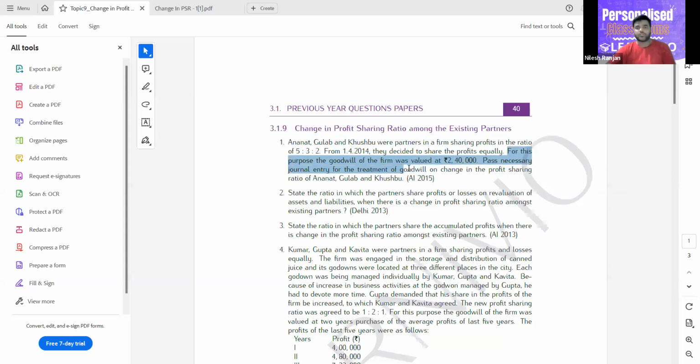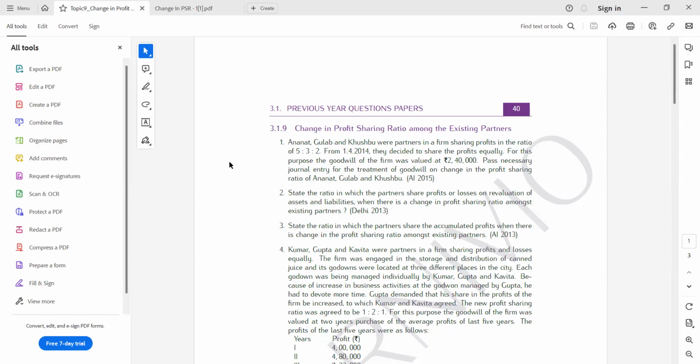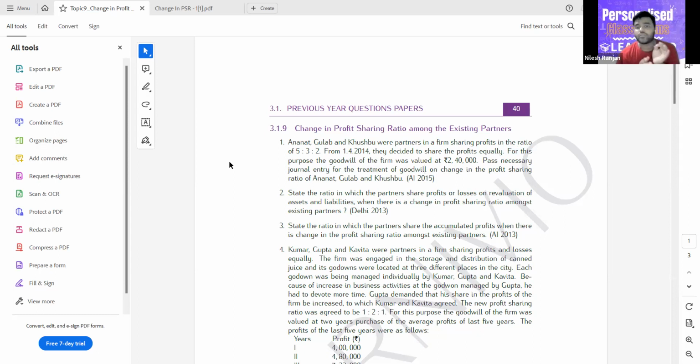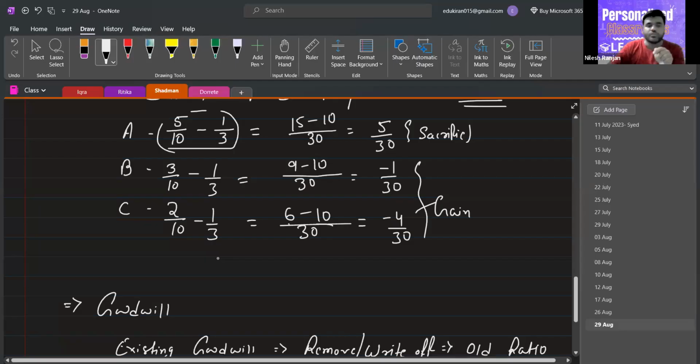Now in the same question that we have prepared here, it is given that for this purpose goodwill of the firm was valued at 2,40,000. So it is valued goodwill. This 2,40,000 is the goodwill of the firm. Now we have to calculate the share from this.